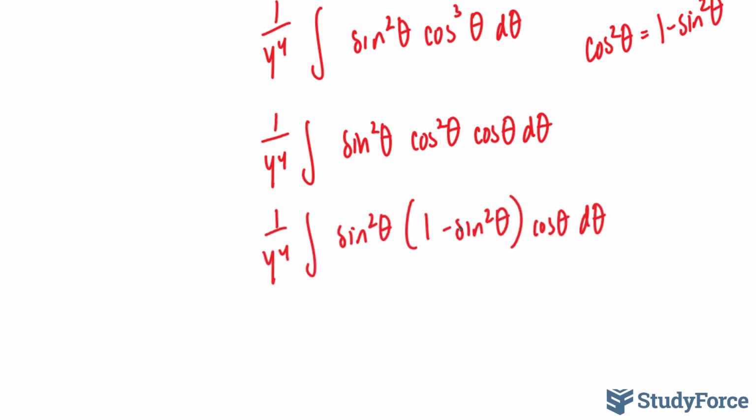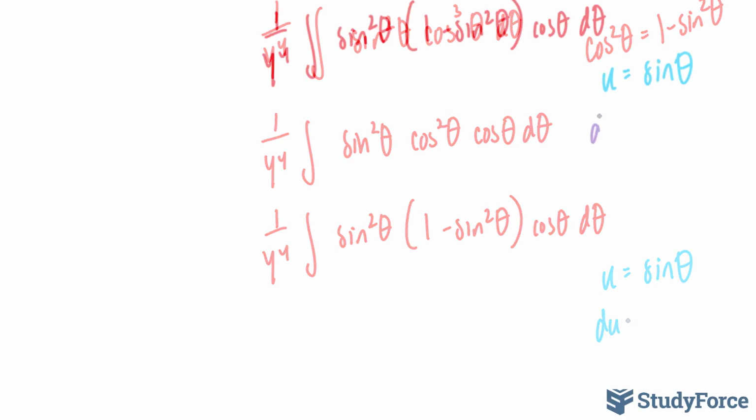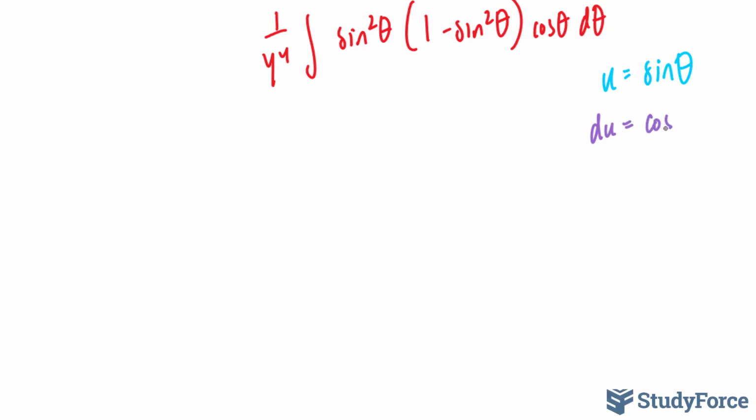And now we have to set sine as our u. If I set sine as my u and take its derivative, du is equal to cosine theta d theta. I'm going to solve for d theta because eventually I want to replace that. And I end up with the following.